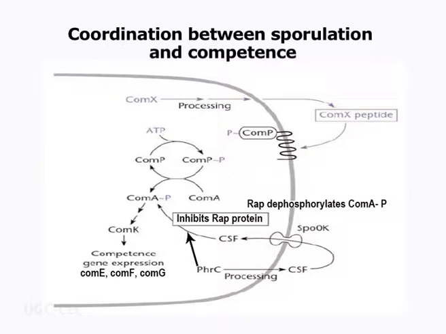But unlike COM-X, which interacts with COM-P at the cell surface, the PHR peptides are transported into the cell by the oligopeptide permease called SPO-OK. So the SPO-OK gene is an example of a regulatory gene that is required for both sporulation and the development of competence.